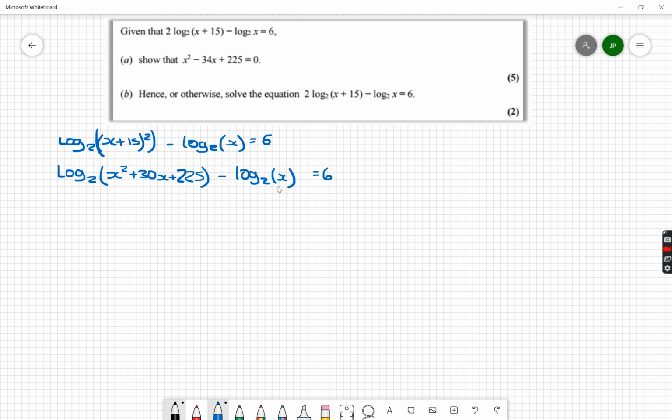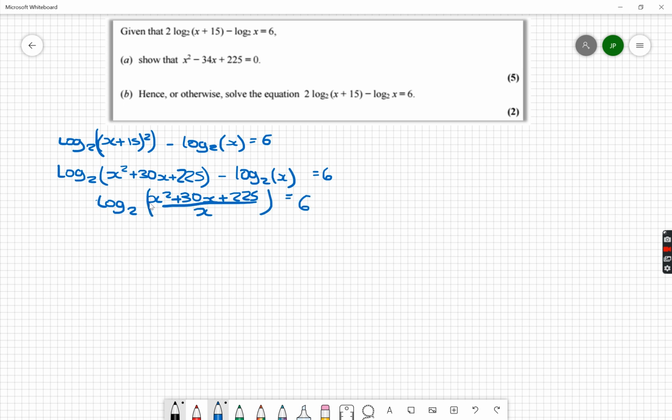Right, I know when this works that I've got to divide. Okay, because when I'm subtracting I'm going to divide. So I'll have log base 2 of (x squared plus 30x plus 225) all over x equals 6.